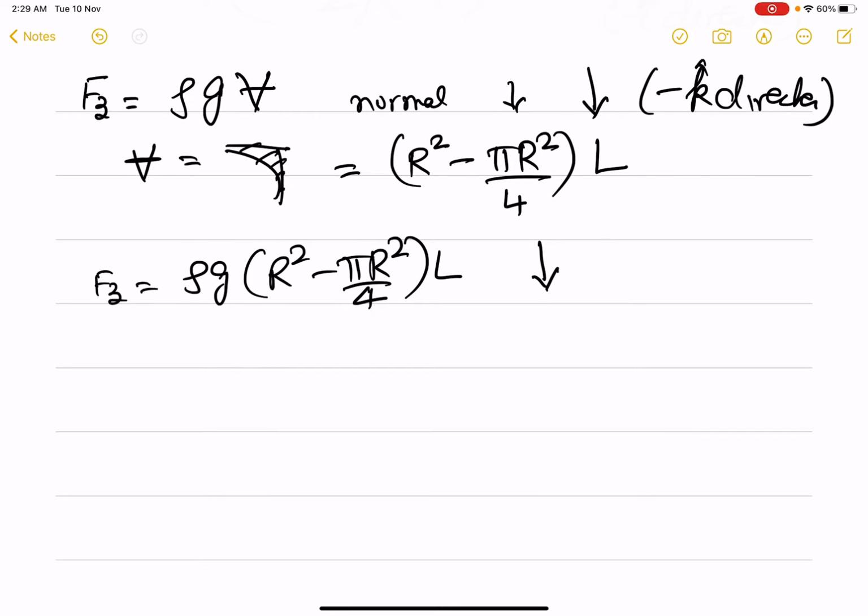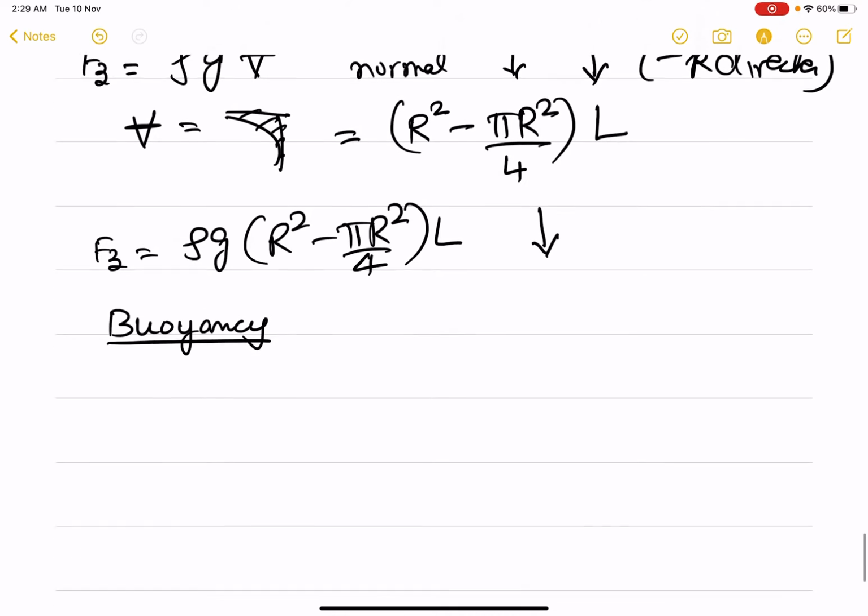Now from here we can easily work out the concept of buoyancy.